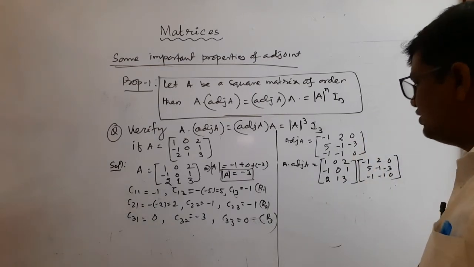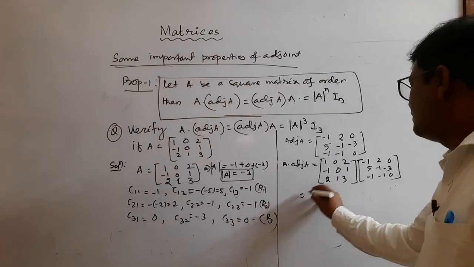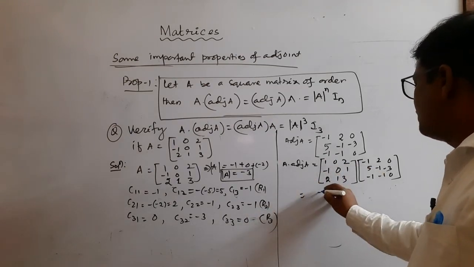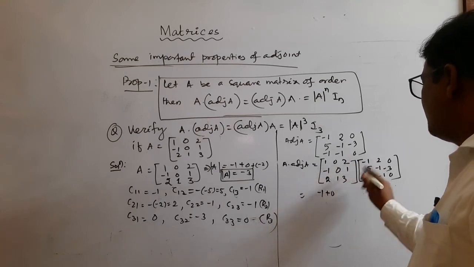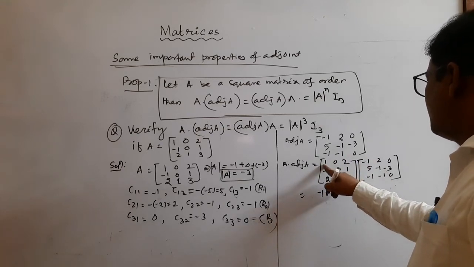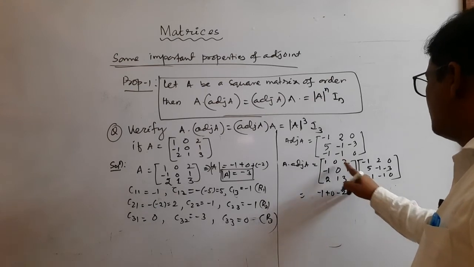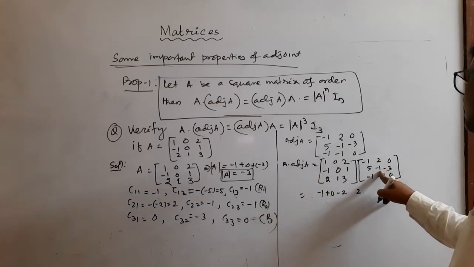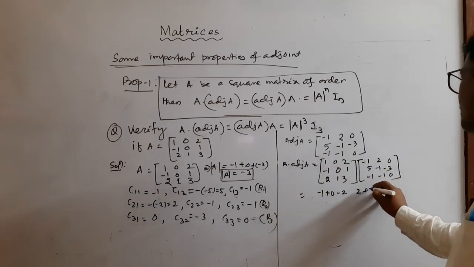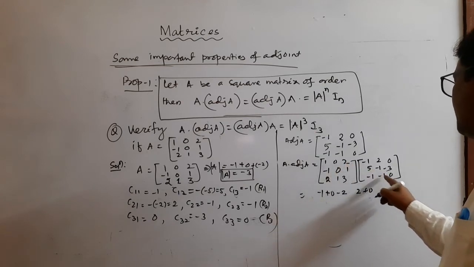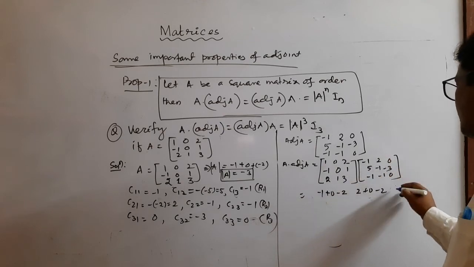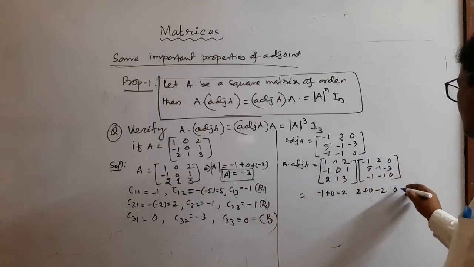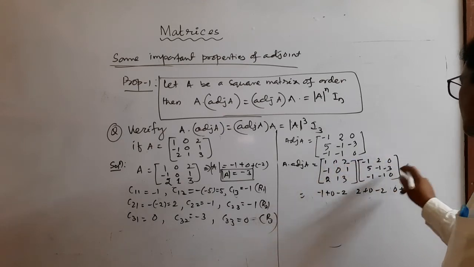So multiply this: 1 into minus 1, minus 1; 0 into 5, 0; 2 into minus 1, minus 2. So minus 3.